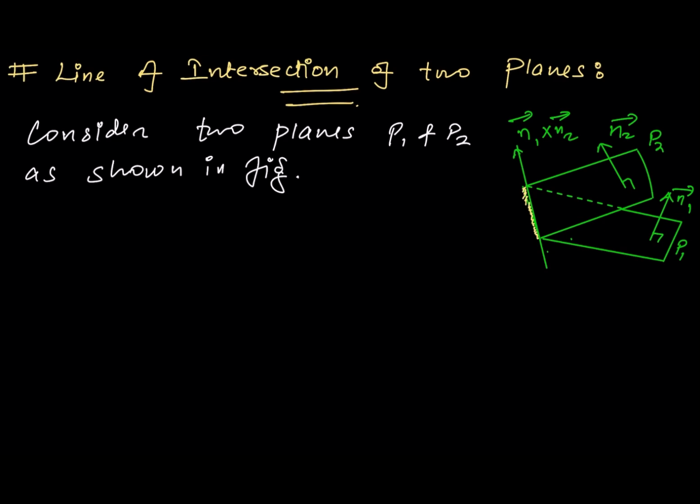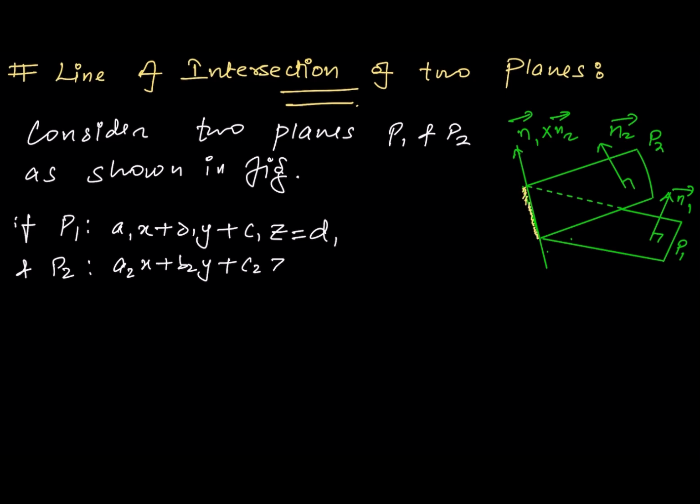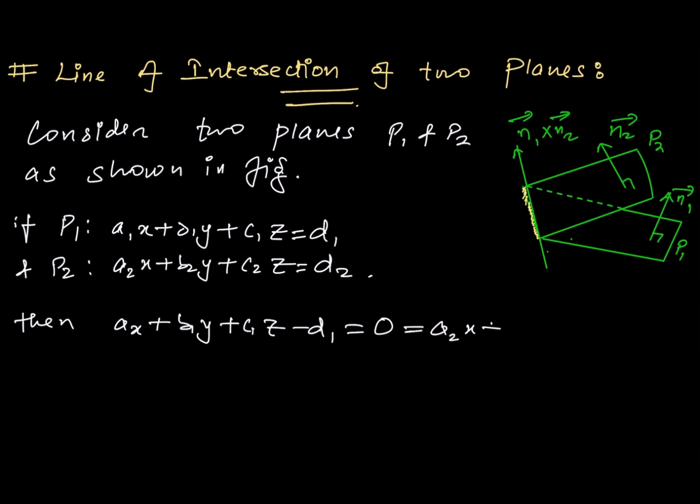That is, if P1 is a1x plus b1y plus c1z is equal to d1 and P2 is a2x plus b2y plus c2z is equal to d2, then the equation of line in unsymmetrical form is a1x plus b1y plus c1z minus d1 is equal to 0 is equal to a2x plus b2y plus c2z minus d2.